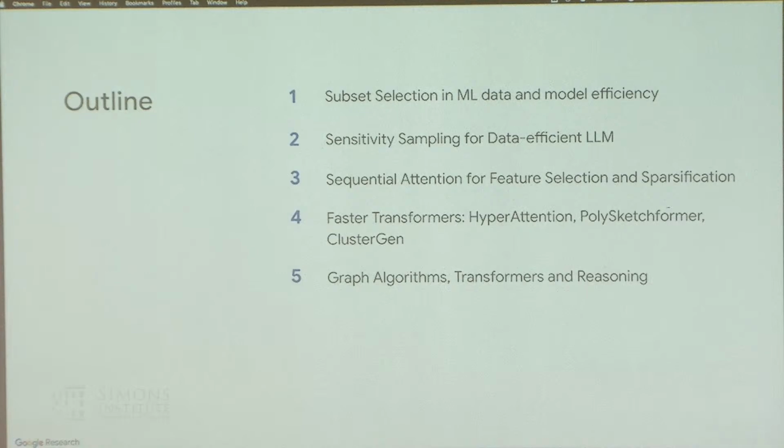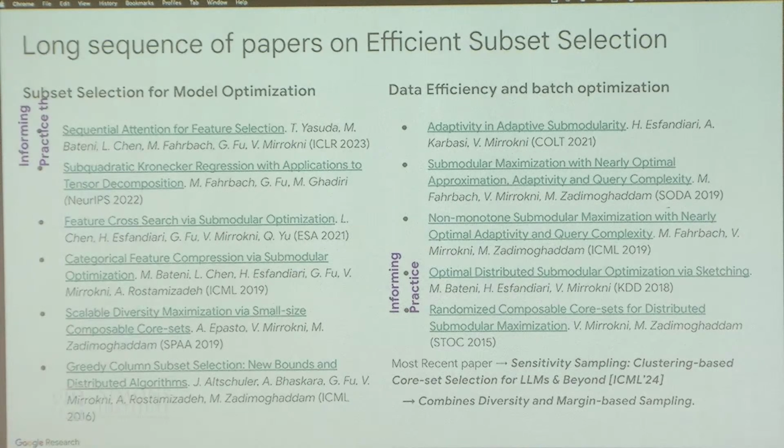Then I will put some time to talk about these sketching techniques that are very important in developing linear transformers or linear attention in the context of larger scale, like large language models. We have a number of works in this area, HyperAttention, PolySketchFormer, and that's very close to the topic of the workshop.